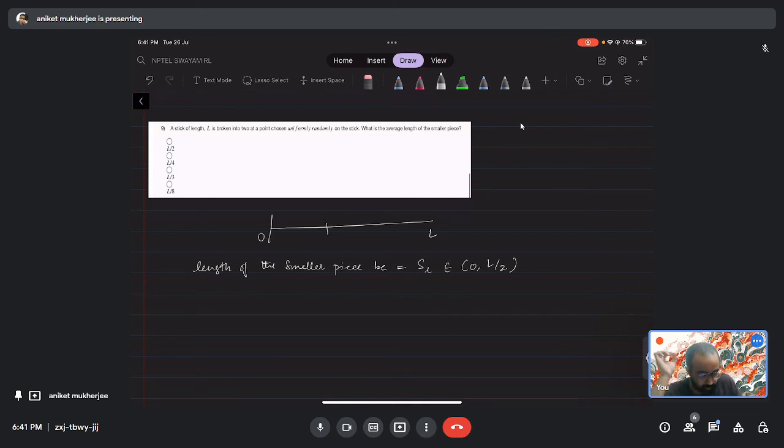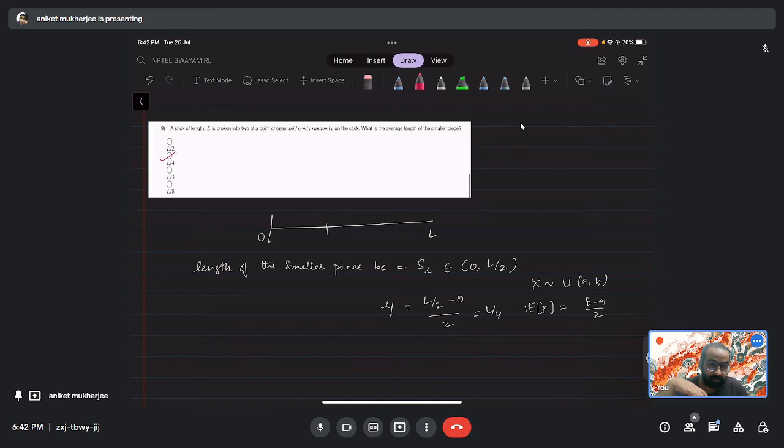To find the expected value, we know that if x is a uniformly random variable between a and b, then the expectation of x is given by b minus a by 2. Similarly, I'll apply the expected length of L by 2 minus 0 by 2, which gives L by 2. Wait, b plus a by 2.